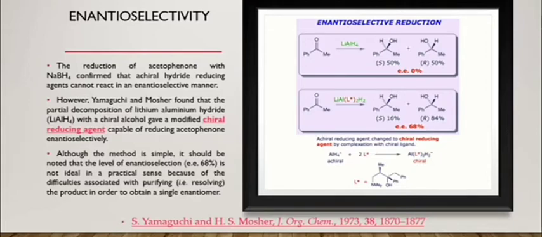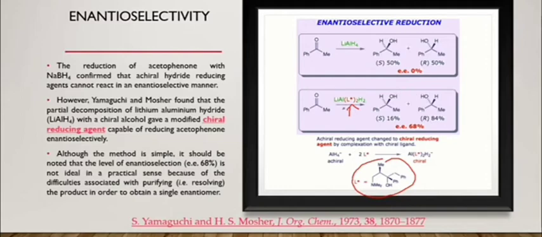A research article reported that modifying the hydride with a chiral alcohol gave a modified chiral reducing agent which is capable of reducing acetophenone enantioselectively. When acetophenone is reduced using lithium aluminum hydride, we end up with 50% S isomer and 50% R isomer, and here the enantiomeric excess is 0%.